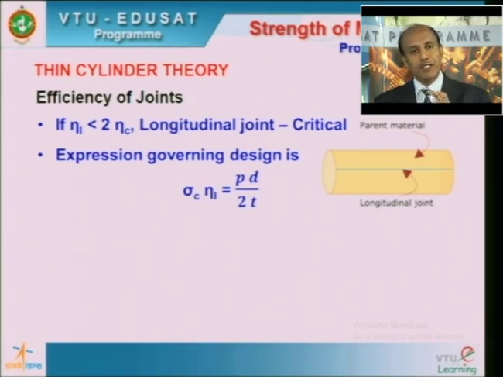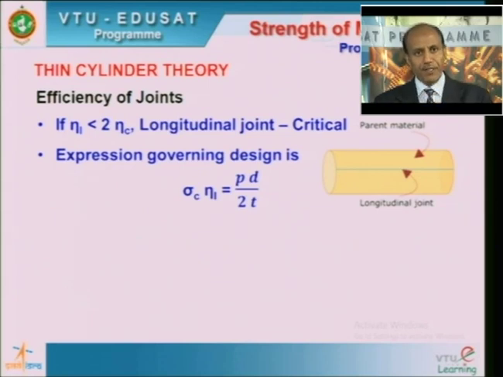So, the governing design equation becomes like this. Without joints we say sigma c equals PD by 4t. With joints you bring in that efficiency term, the efficiency of the longitudinal joint. So we write sigma c into eta L equal to PD by 2t.